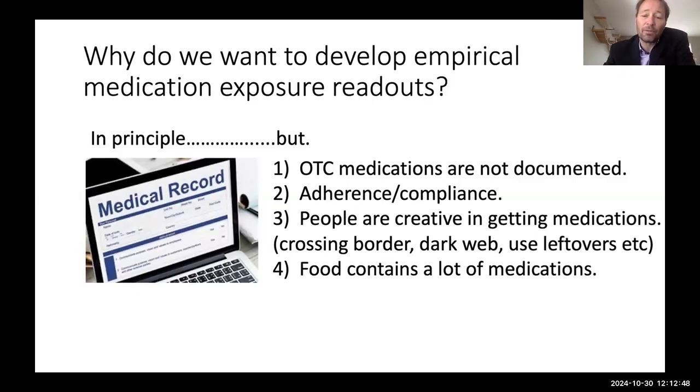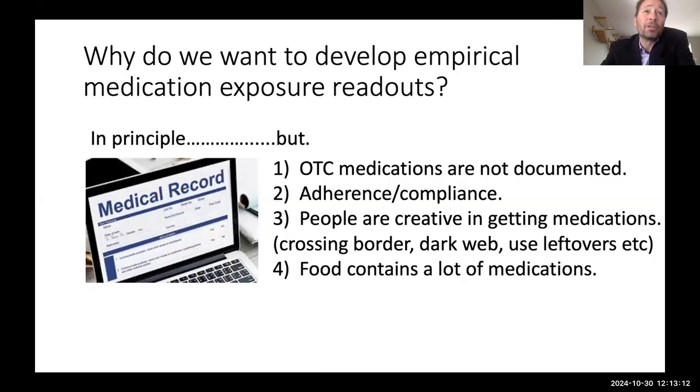Of the foods that we investigated so far, 20% of them contained some sort of antimicrobial agent. And generally people think, well, that's added to meat. No, it's often antifungals that are added to, let's say, fruits and vegetables, but also even organic yogurts or dairy products.